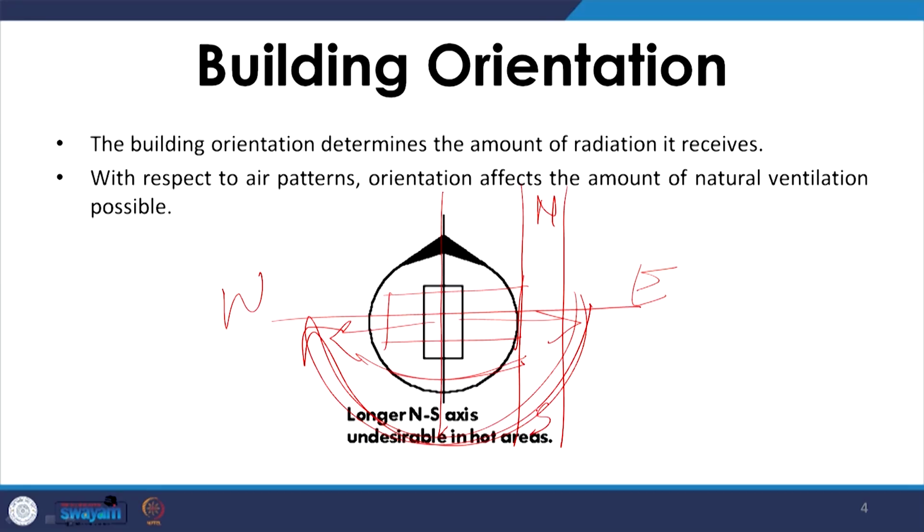So, the preferable street orientation is north-south, which facilitates buildings like this, and it helps the streets remain shaded for a large part of the day.